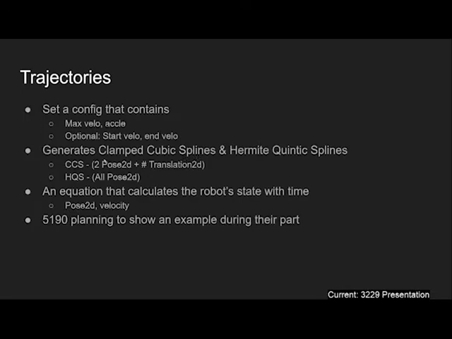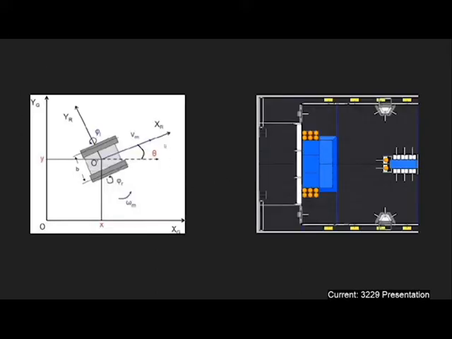And in WPILib, they offer the generation of two kinds of splines. The difference is the waypoints being Translation2D or Pose2D. This 2 means whether the waypoint has an angle or not. So you might want a waypoint that is facing this way instead of some automatic angle.